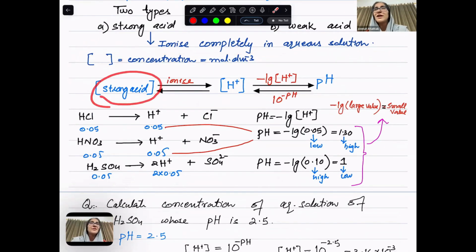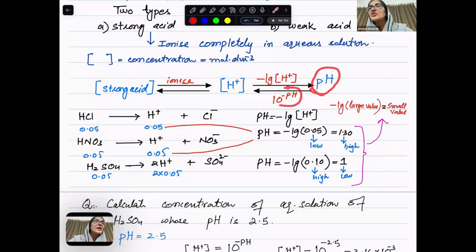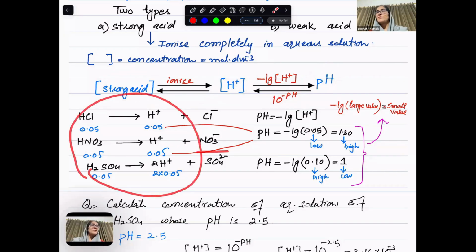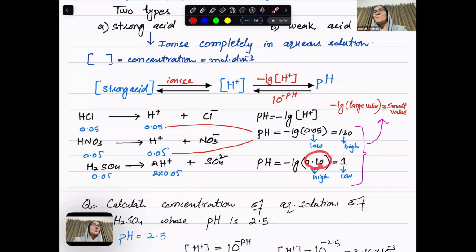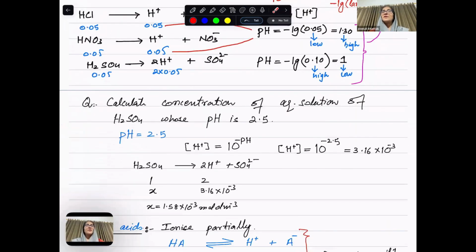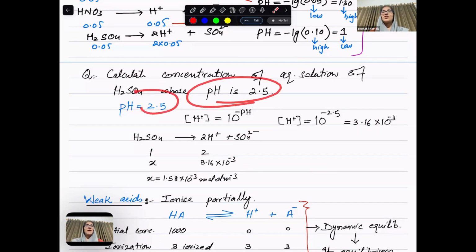Every strong acid ionizes completely, making H plus; take the negative log and you get pH. If you know pH, can you get H plus? If you know H plus, can you get the concentration of strong acid? I've explained this to you. If the H plus is more, the pH is low. If the H plus is less, the pH is more. Negative log of a large value results in a small value.